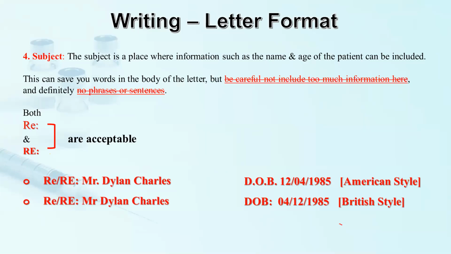That's my big mistake, I didn't know before. Don't worry, I will share you a file regarding the differences between the American and British style. Yeah, thank you. Thanks. You are welcome.